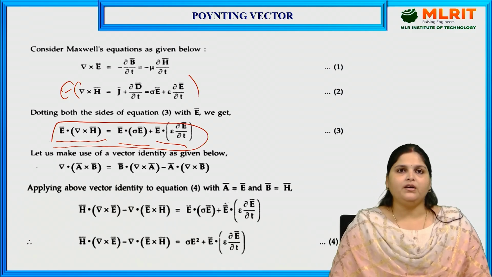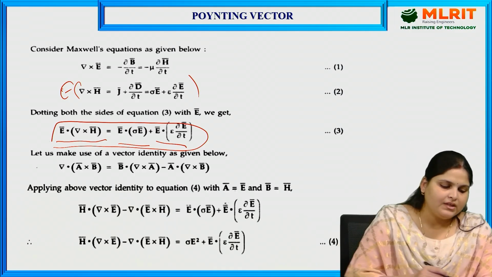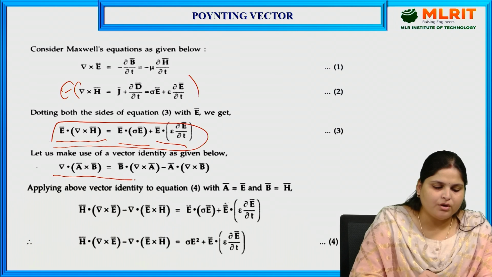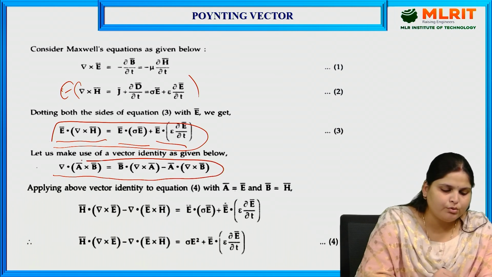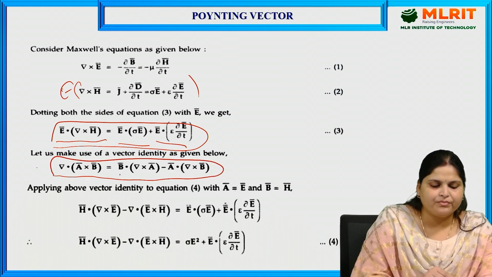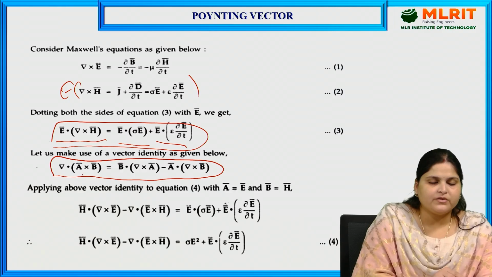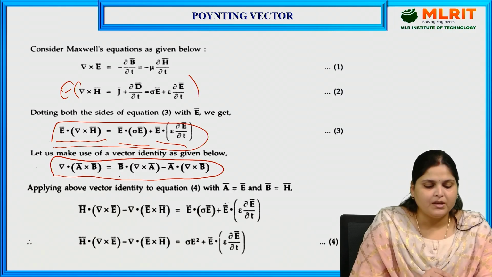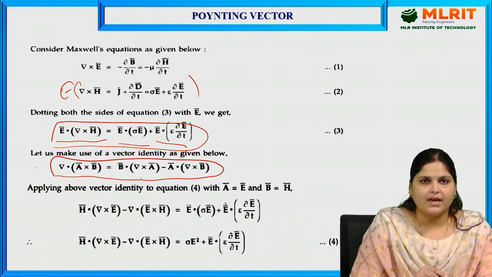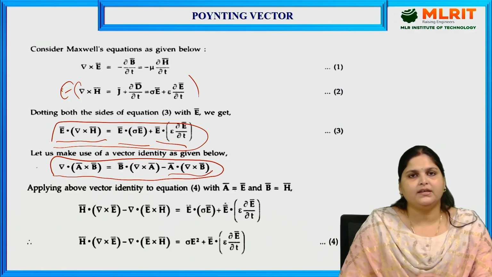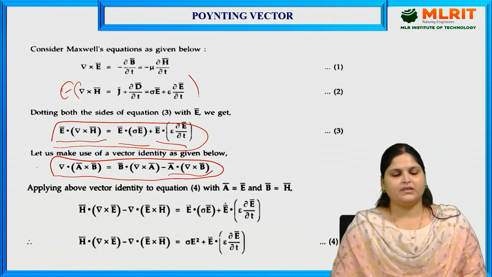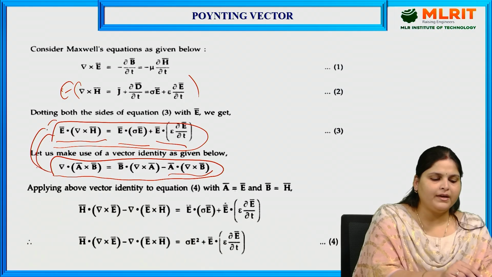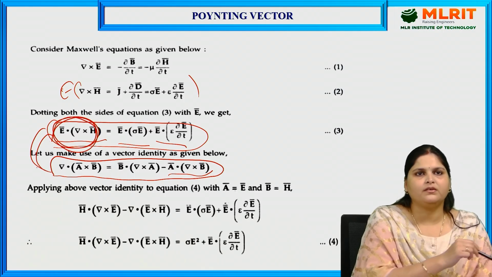Now we have a vector identity: the divergence of the cross product of two vectors, suppose the first vector is A bar and the second is B bar, is B dot del cross A minus A dot del cross B. Same thing we apply for this particular term.